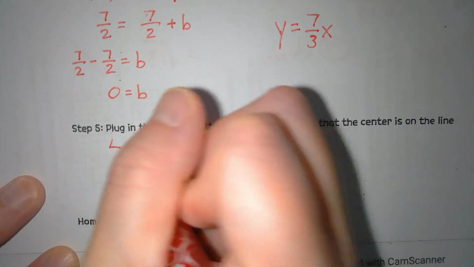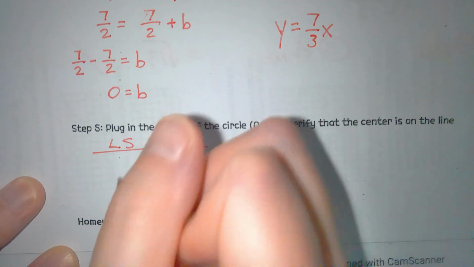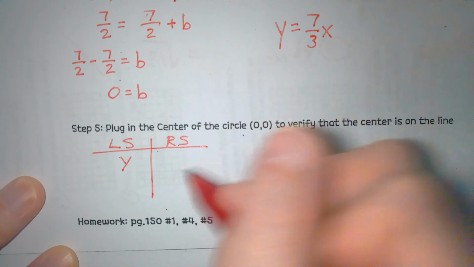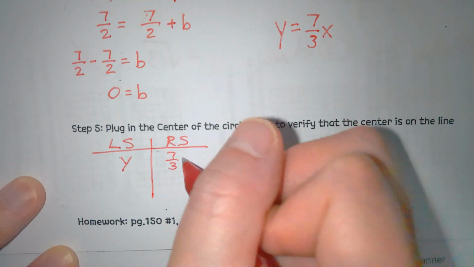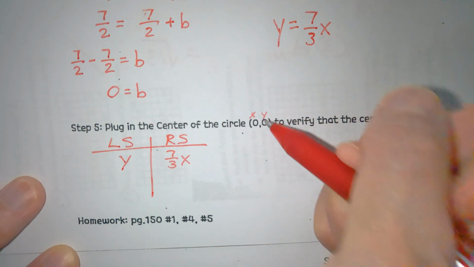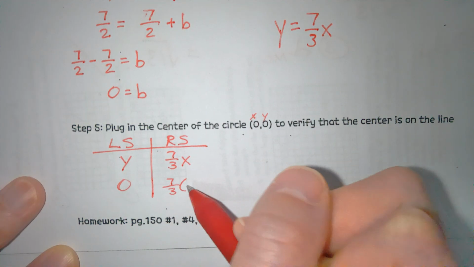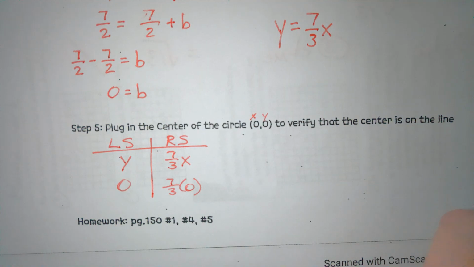So left side, right side of my equation. Left side is y, right side of the equation is 7 over 3x. So when I sub in this 0, 0, y is 0, x is 0. What's 7 over 3 times 0? 0.